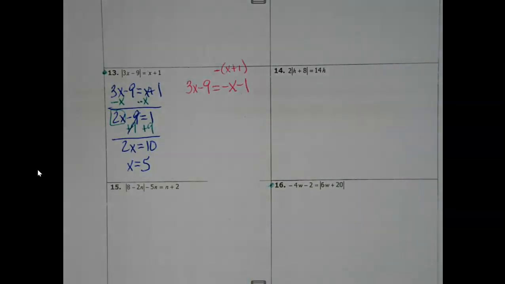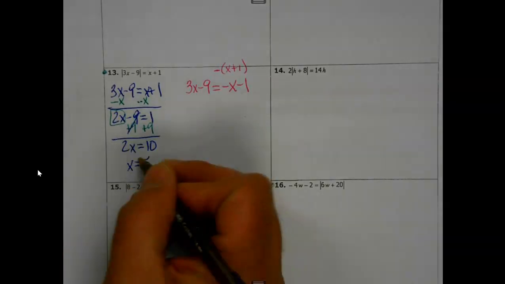And so once we kind of work through that process, I'm still going to check this, but I'll do it before I go to the next one. So if I plug in my 5, I got 2 places to plug it in this time. So 3 times 5 is 15, minus 9 is 6. That's the value of 6 is 6. 5 plus 1 is 6. Okay, that one worked.